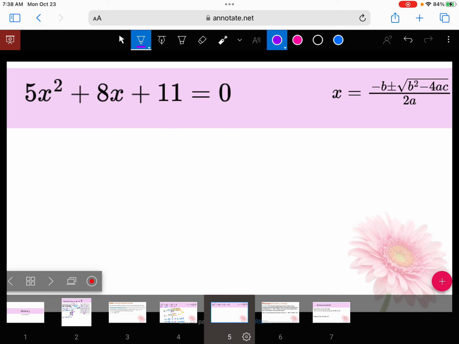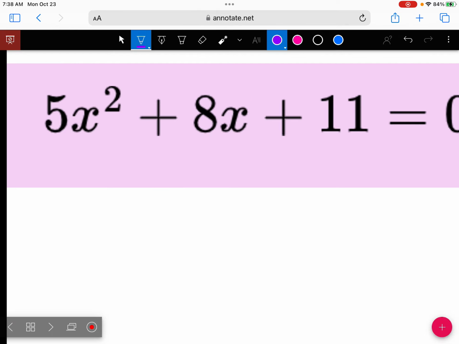So here's our next equation, and it gave us the quadratic formula back again. First thing I need to do is find out what is A. What is A? 5.